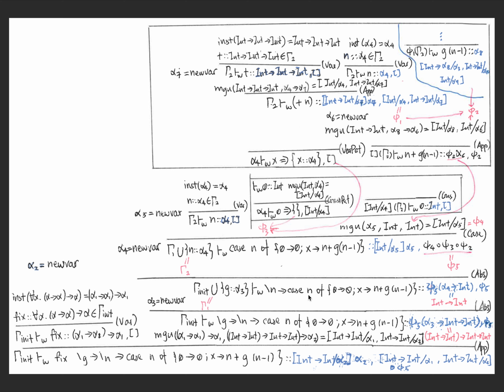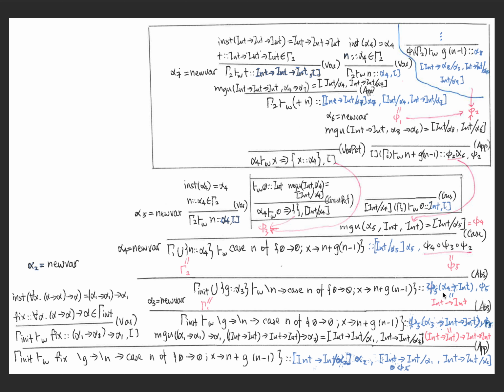Okay, and we propagate down further. Since we know that alpha 4 was actually created here for the lambda, we're going to ground it here. We know that this is a lambda abstraction. It must have a type from alpha 4 to the result type. The result type of the case is actually int. We already know that.